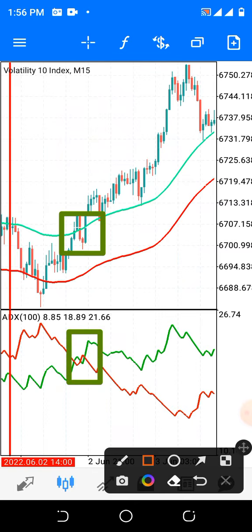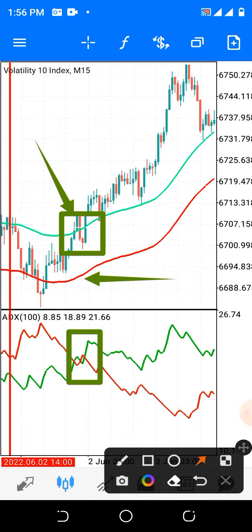You use the red line of the envelopes indicator as your stop loss. You set your stop loss here. That is when you are buying. You set your stop loss at the position of the red line of the envelopes indicator. Do you understand? Now let's proceed.